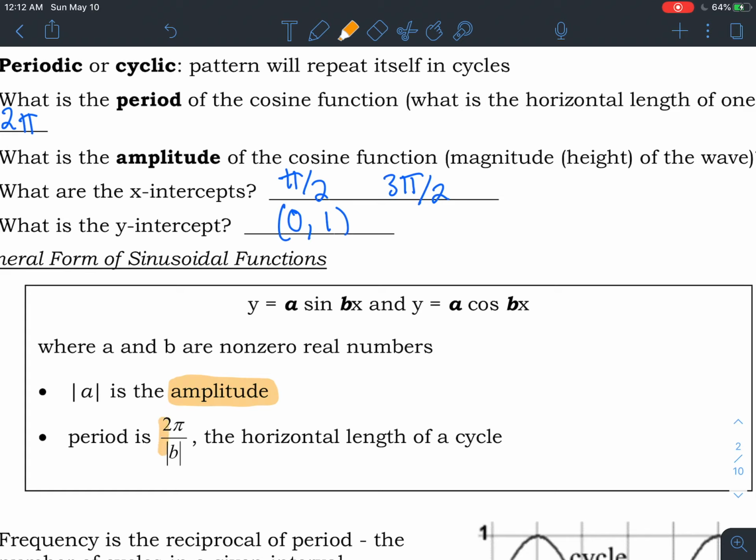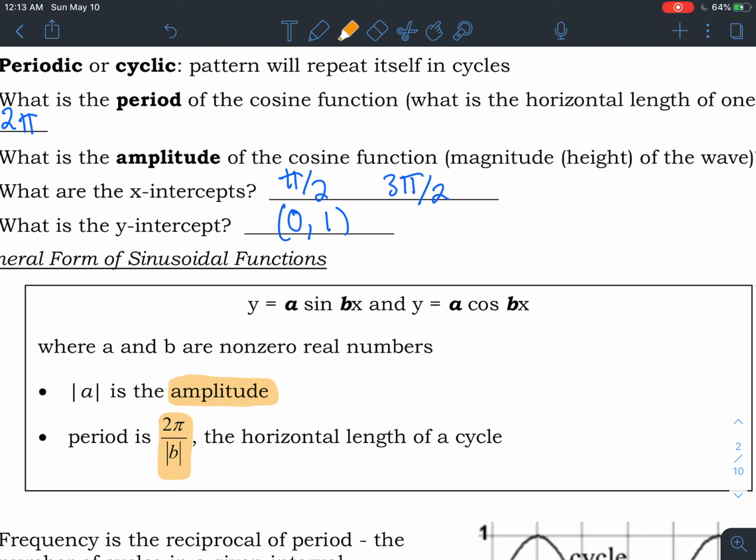Now this equation right here is how we'll do that. We just take 2 pi, which is the standard period, and just divide it by whatever b is. Because again, like everything else, inside is always opposite. So if we see it as a multiplication by b, that means we should take our cycle and divide it by b, because that's how it actually is going to behave. So that's how we'll go through and figure it out.